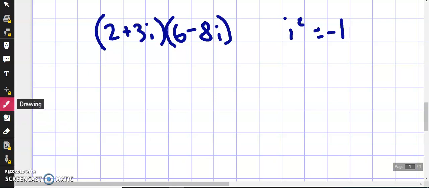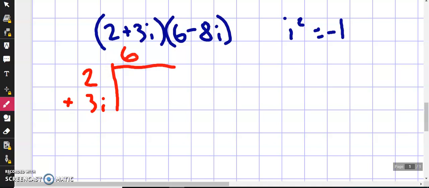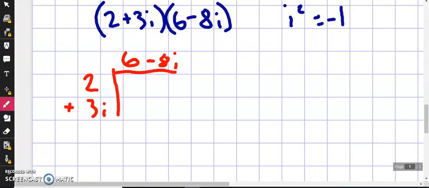I will start off just like before, where I do 2 plus 3i times 6 minus 8i, and then we'll distribute just like we did when we were multiplying our polynomials.